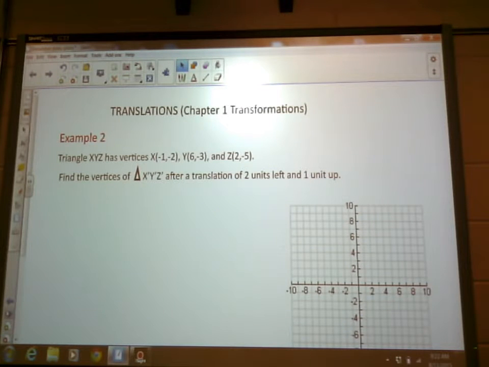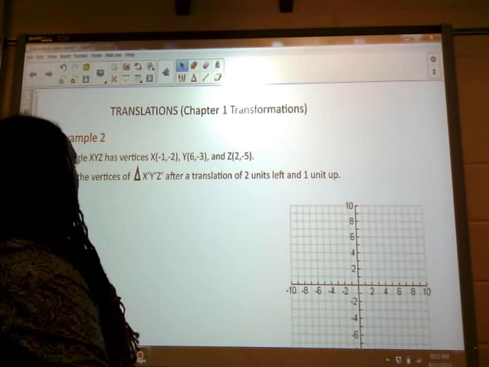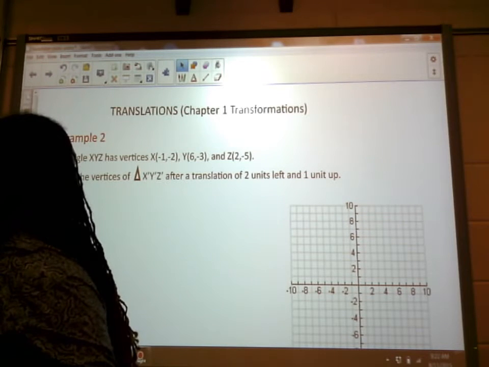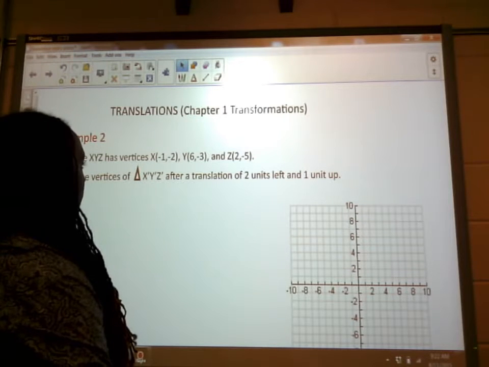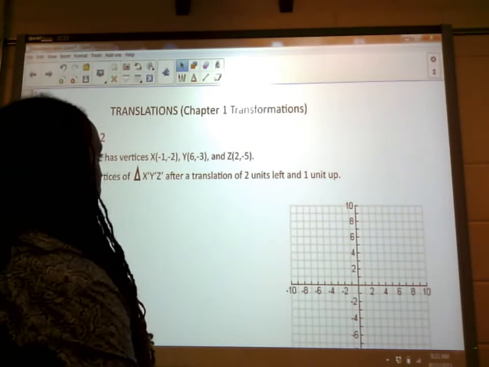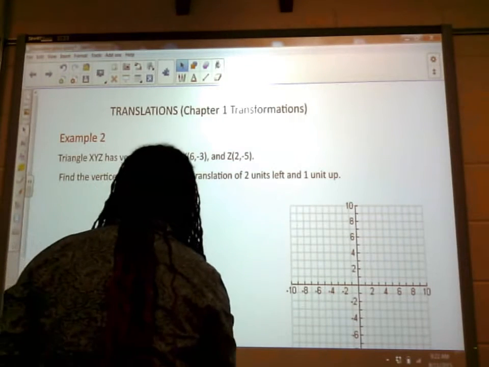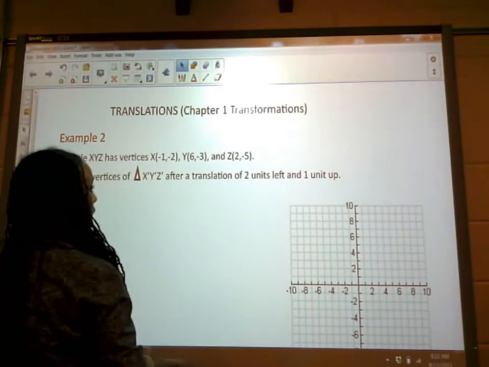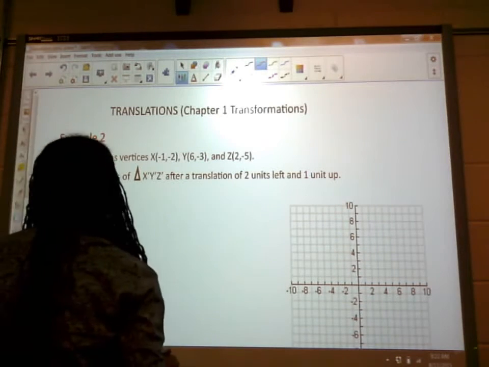So example 2 states triangle XYZ has vertices X, Y, and Z. Find the vertices of triangle X prime, Y prime, and Z prime after a translation of 2 units left and 1 unit up. Alright, so this time we're actually going to do the same technique. However, I'm not going to graph first, just to show you you can get the same results.